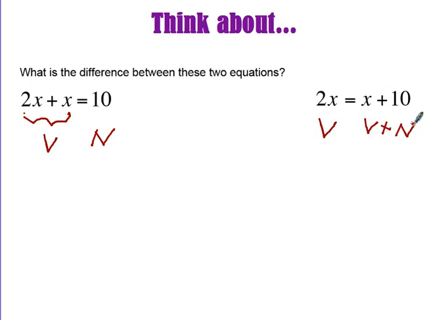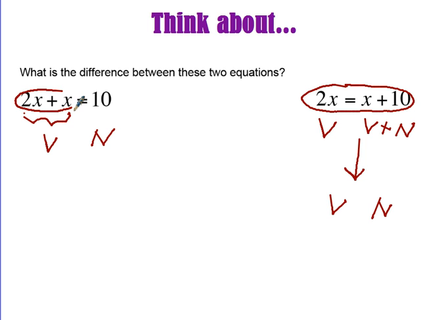So you're going to have to move one of them and have variable on one side and number on the other. That's your goal for this equation. So what's the difference between these two equations? That's an equation with variables on both sides. That's an equation with a variable on one side.